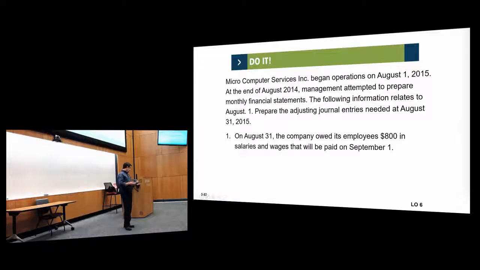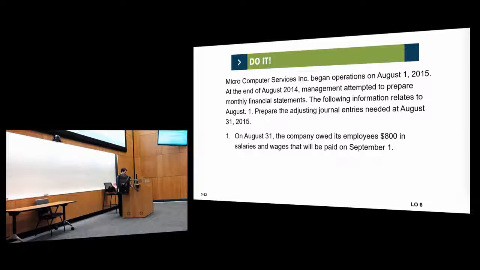Microcomputer Services Inc. began operations on August 1st. At the end of August, management attempted to prepare monthly financial statements, and the information relates to August 1st. Prepare the adjusting entry on August 31st.